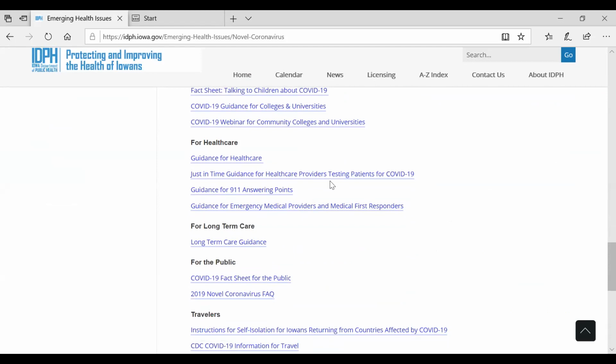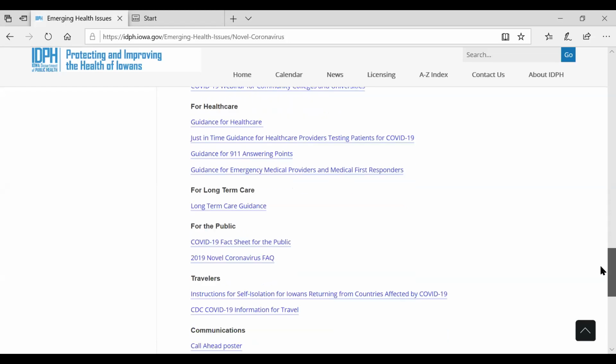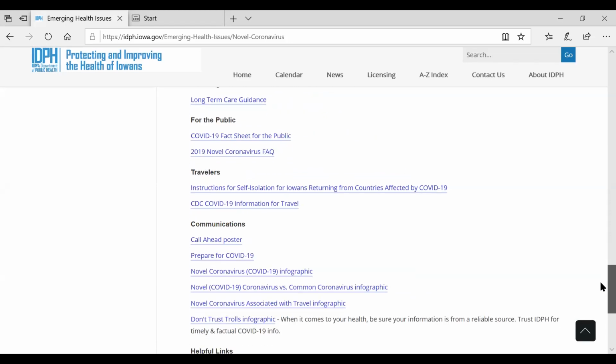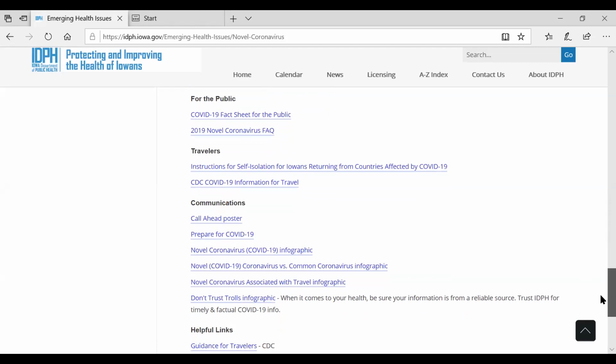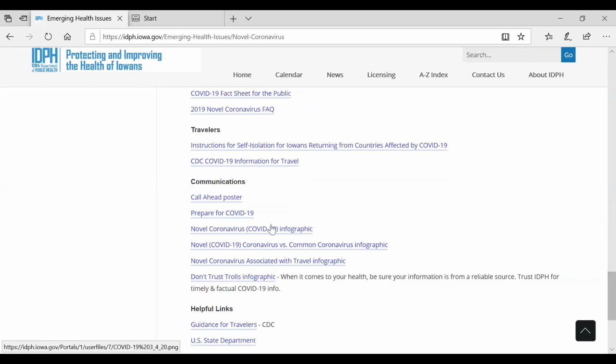There's also some additional guidance. The guidance for healthcare is just the screening guidance. And we've got some just-in-time guidance for testing patients. So there's a lot of resources up there. We've also got some public resources if you want to share those with your employees or your partners at the local level. And Polly's got a lot of great infographics, like I mentioned. Everything's posted here on the website for you to access.